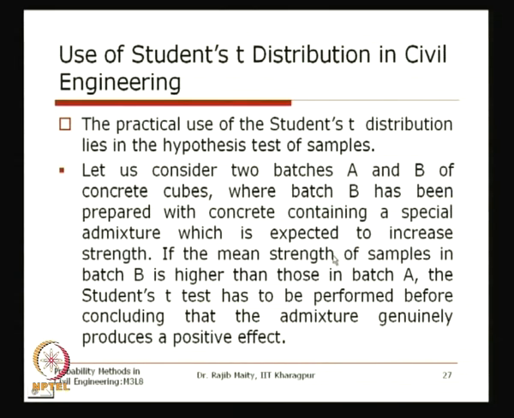If the mean strength of the samples in batch B is higher than in batch A, the student t test has to be performed before concluding whether the admixture generally produces a positive effect. It is not only for this one. Wherever the sample mean is involved, we use the student t distribution.